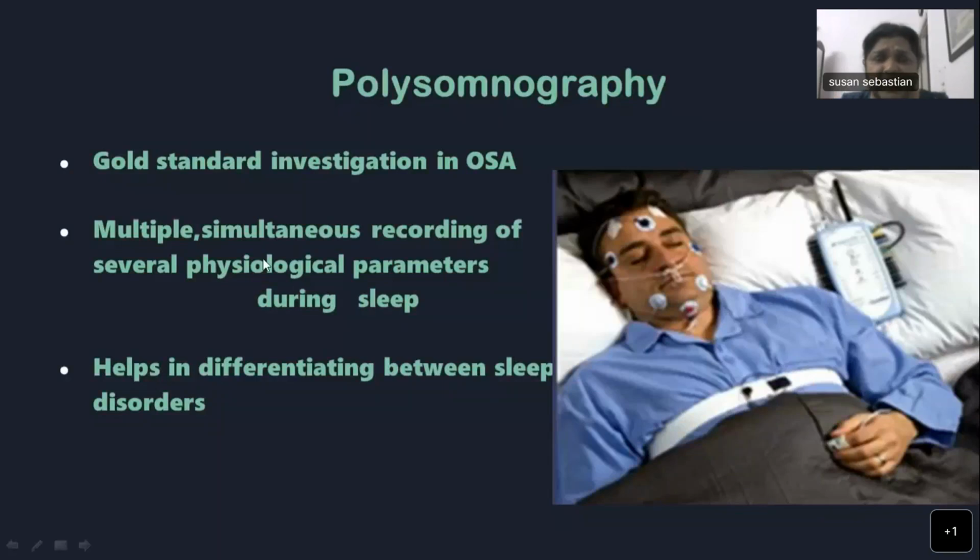Polysomnography is a multiple simultaneous recording of several physiological parameters that happens during sleep. It helps in differentiating between sleep disorders, like between a central or the obstructive type of sleep disorder or a disorder of any other cause. It can be of several types.